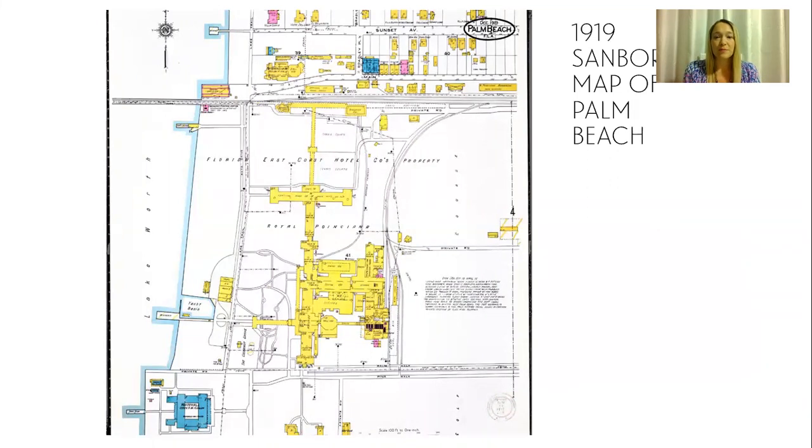So these insurance maps would actually tell us an awful lot about the structures. They might tell us the type of building material, the number of stories. They would give you the outline and the footprint of the building. So we're able to learn a lot about our historic buildings by using these fire insurance maps. So we have a great activity, again, posted on the Preservation Foundation's website, where you can go in and explore one of these Sanborn maps.